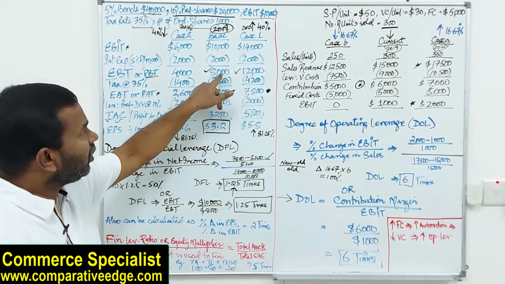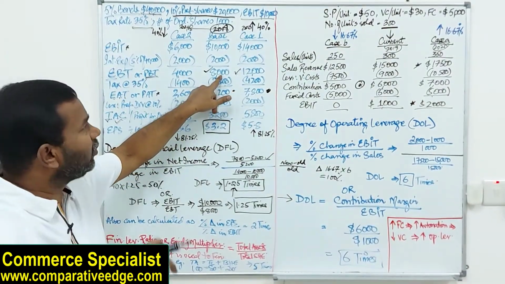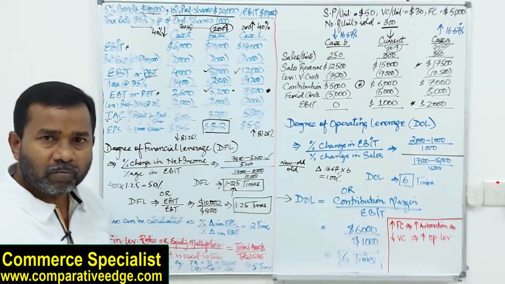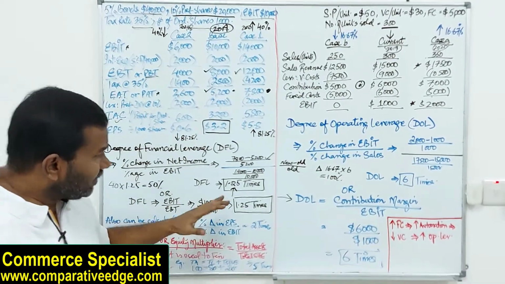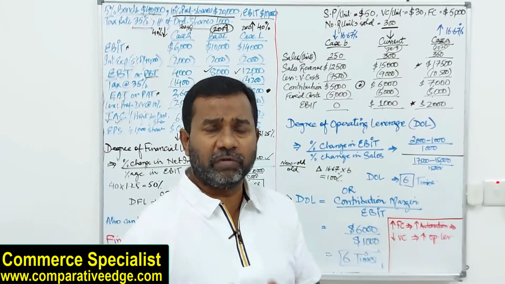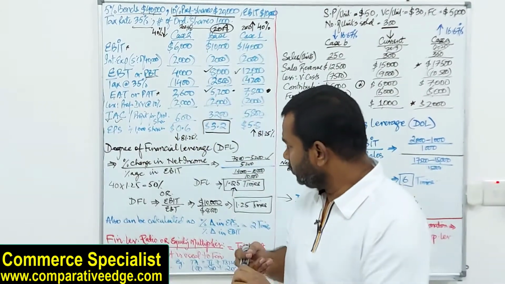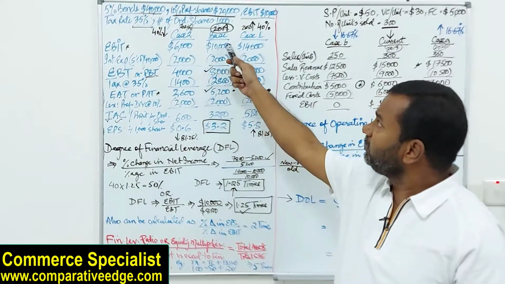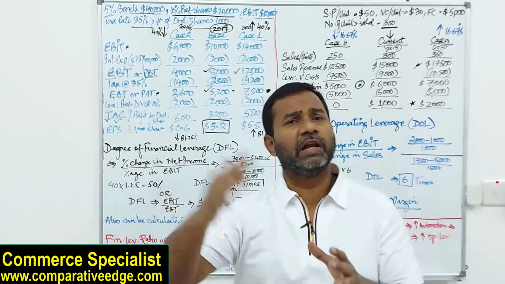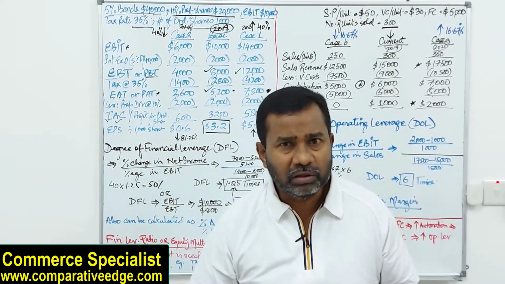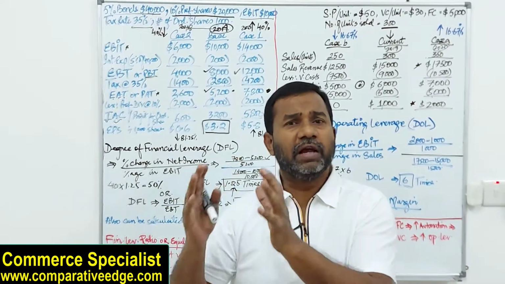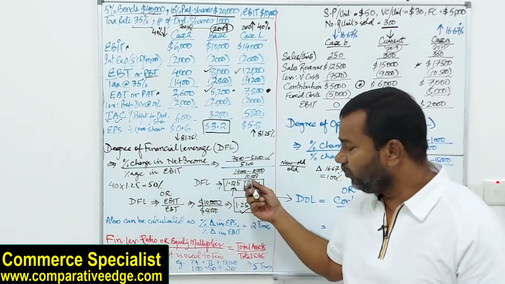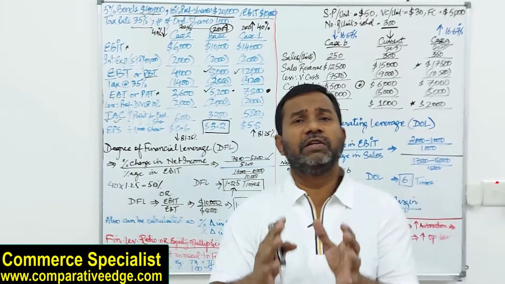If you see from 8,000, if you add 50% of it, it becomes 12,000. So that is what is important here in financial leverage. The answer of 1.25 times tells you that if your EBIT increases by a certain percentage, 10, 15, 20, 40, whatever the increase in EBIT, you multiply by the degree of financial leverage, and that tells you the increase in EBT.